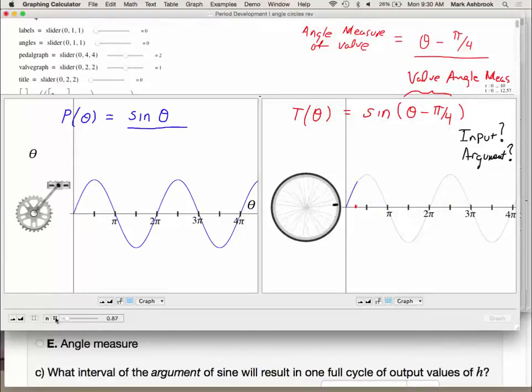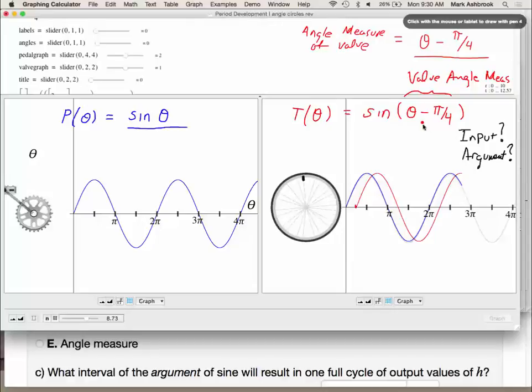Okay, so when an angle lags behind another angle, that actually moves its graph which way? To the right, because it starts later. It cycles and it transpires later by whatever amount, in this case pi over 4. Do you see that? So we're trying to see why subtracting from the input moves the graph right.